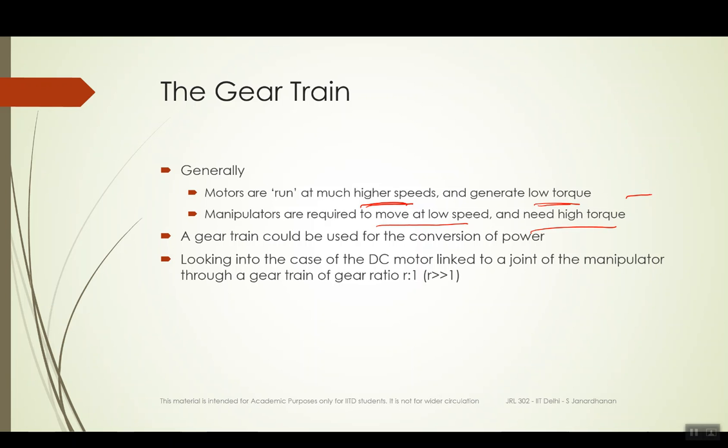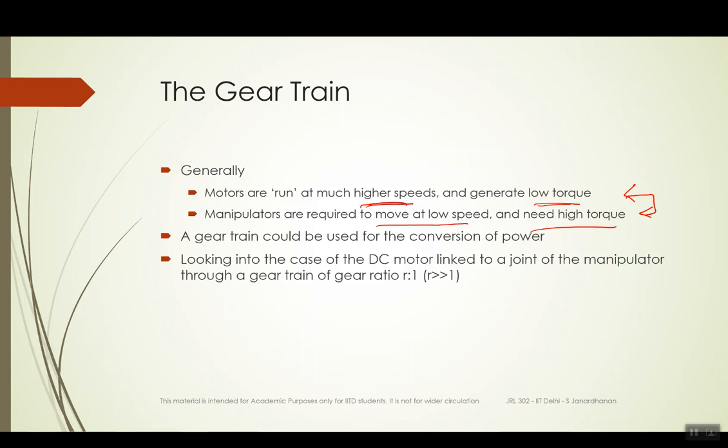So you need a mechanism by which the power can be transmitted from a high speed low torque actuator to a low speed high torque load. And the ideal piece that will fit here is a gear train that can be used for the conversion of this power. Okay.